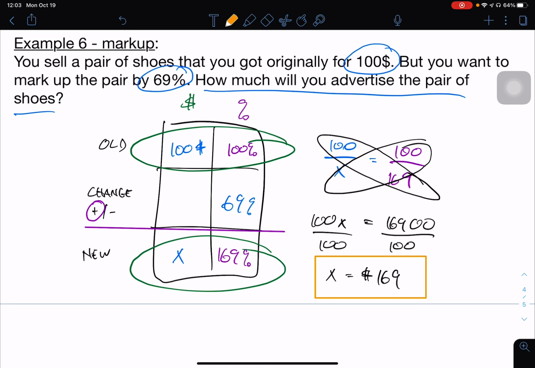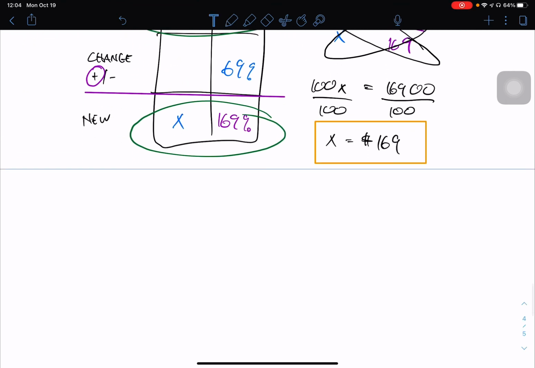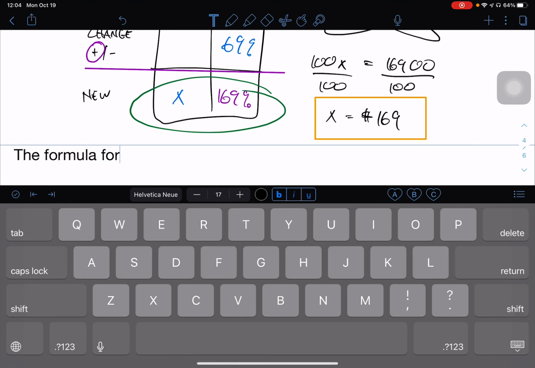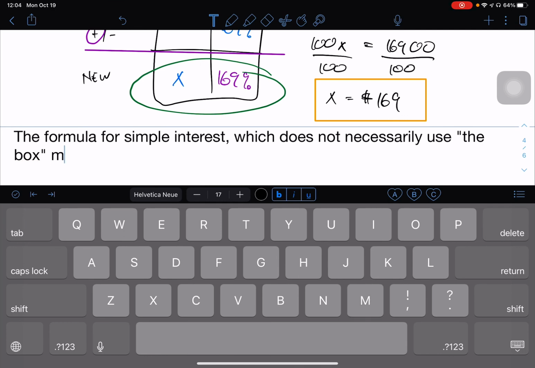Now, the last topic is the simple interest that you're supposed to use. I'm just going to introduce what it is here, and then we'll do problems together at another date. So the formula for simple interest, which does not necessarily use the box method, is the following.